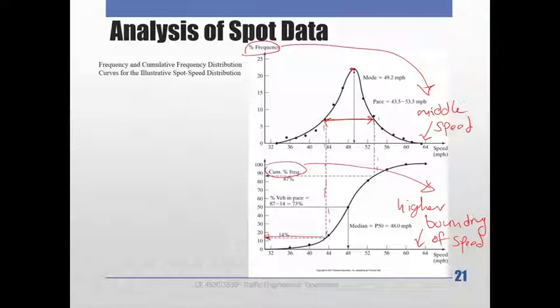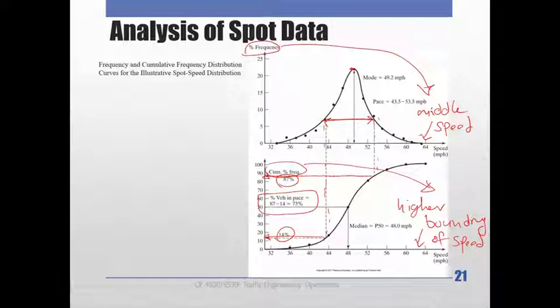I'm going to see the cumulative percent in here, and the vehicles in pace are between 87% and 14%. So we have 73%. So the 10-mile pace encompasses 73% of all vehicles.